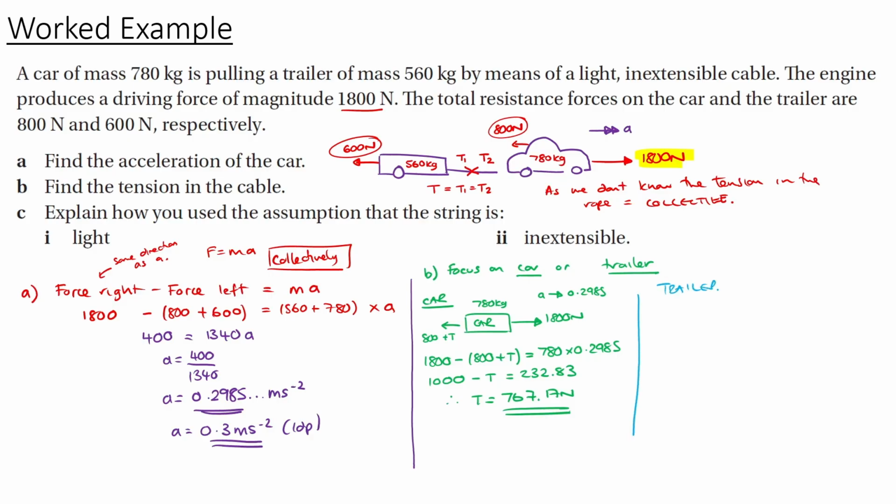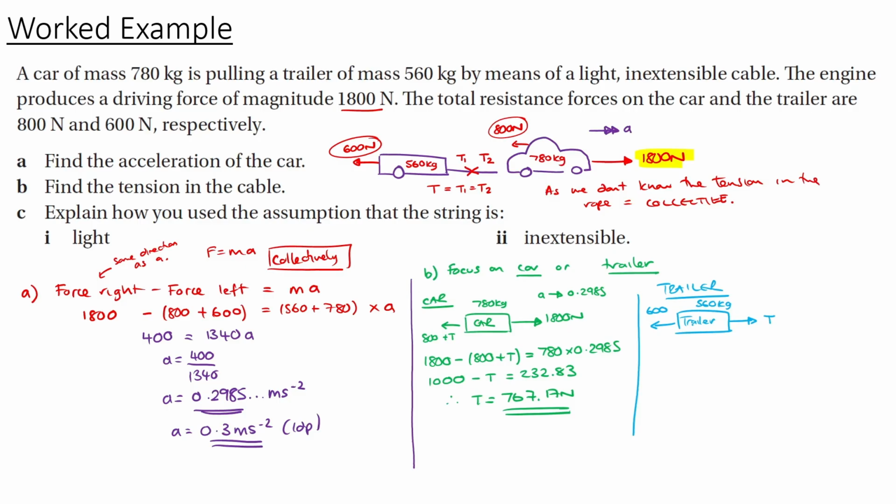Now, if I then decided to go for the trailer, let's see how much of a difference that would have made. So here I've got my trailer, in which it's got a mass of 560 kilograms. I've got a force going in this direction, which is the tension. I've got a resistance force of 600.